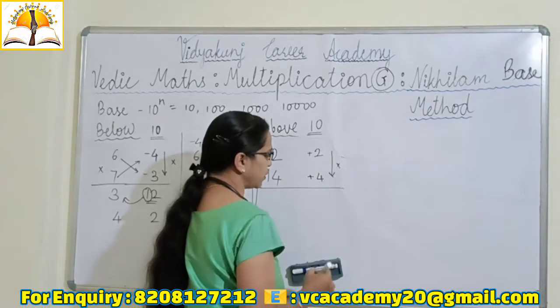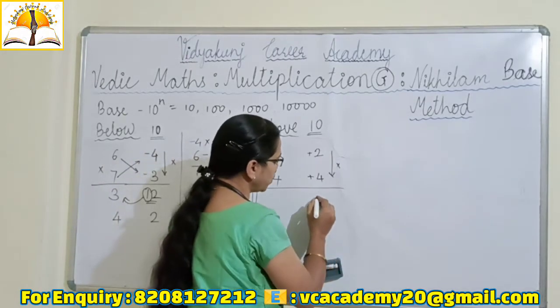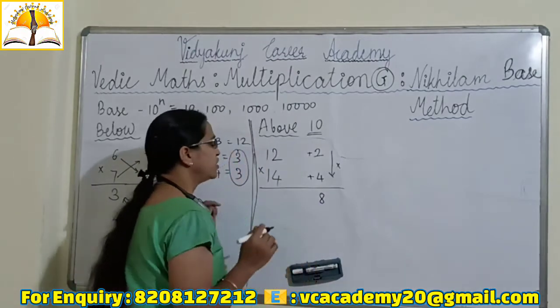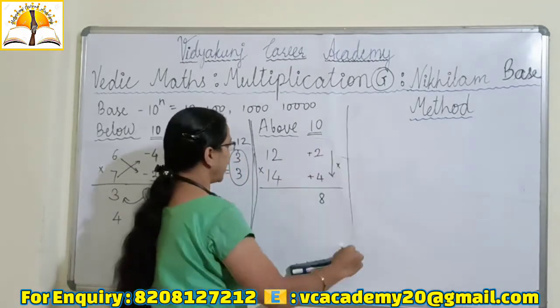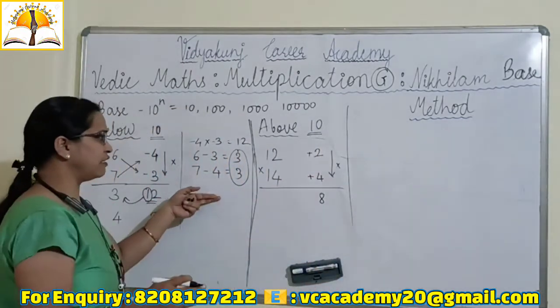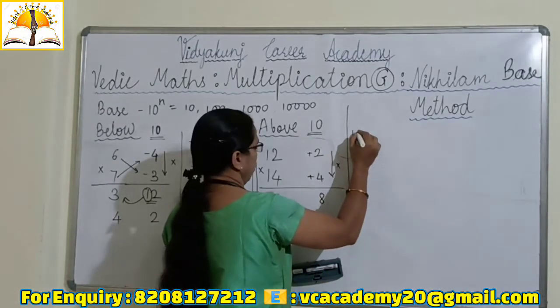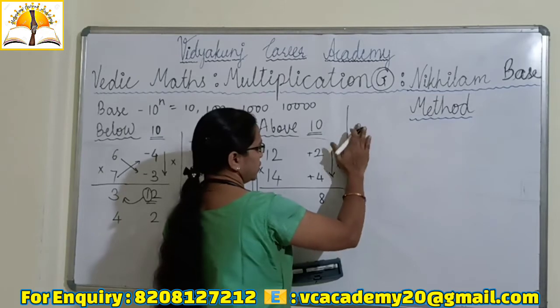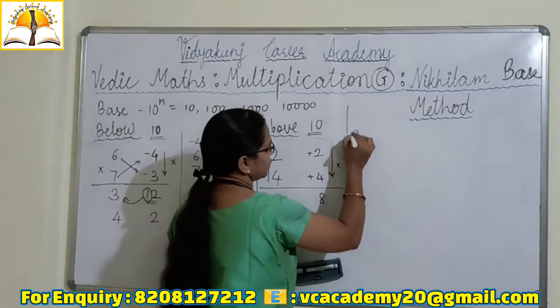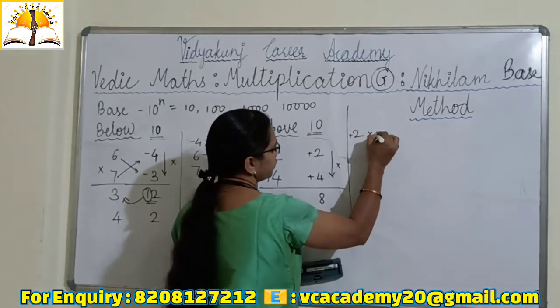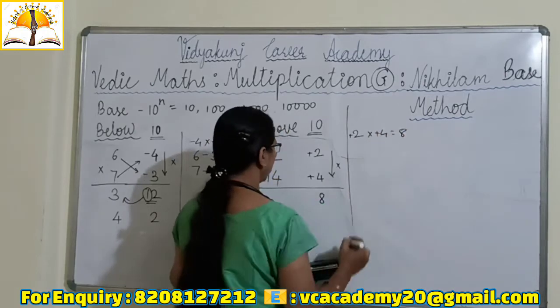We have to do multiplication. 2 into 4, 8. As I have explained earlier, we are going to use that method only, and this too I will do because you have to understand. It is equal to 8.